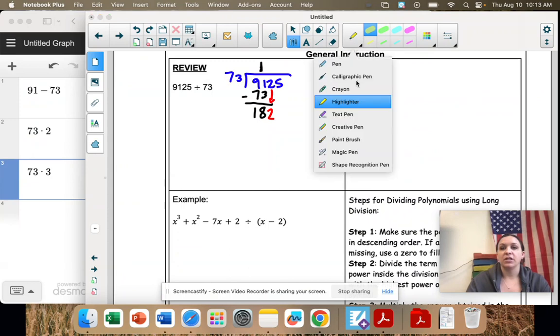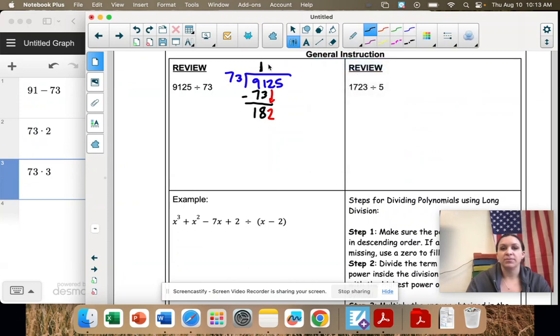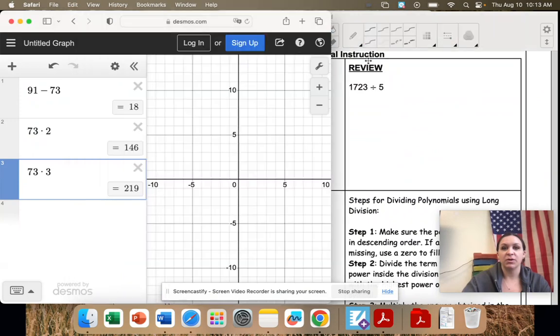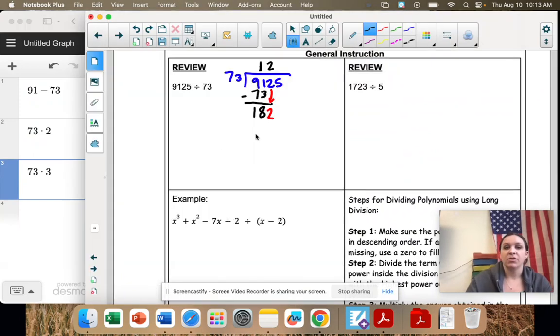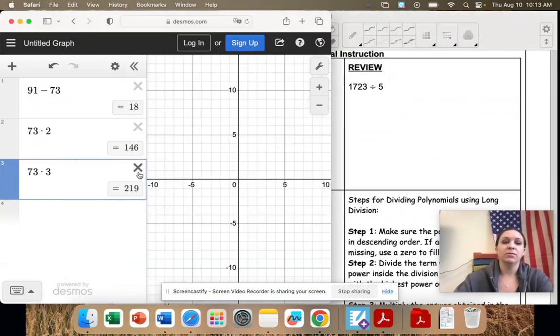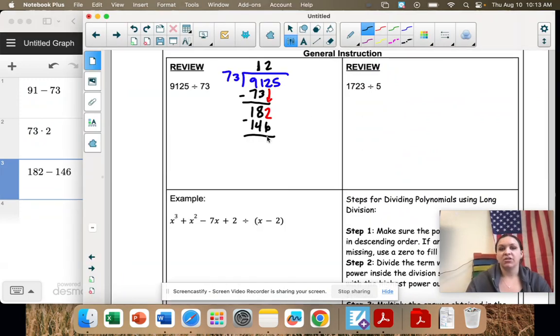So we're actually going to write a 2 up here. 73 times 2 is 146. So that we write down here, and then we subtract. So 182 minus 146 gives us 36.